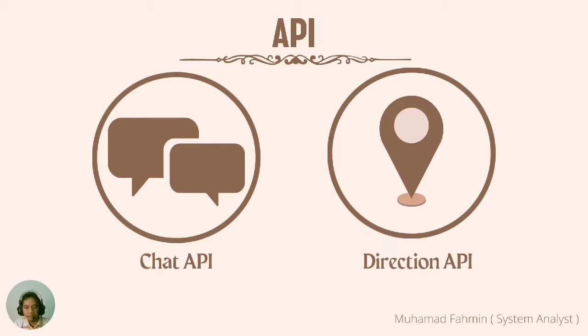A chat API differs from a messaging API in that a chat API usually provides live instant messaging only, whereas a messaging API may encompass instant messaging in addition to traditional messaging such as SMS and MMS. The second API is Direction API. Direction API is a geolocation service that software developers can use to plot routes between places on a map.